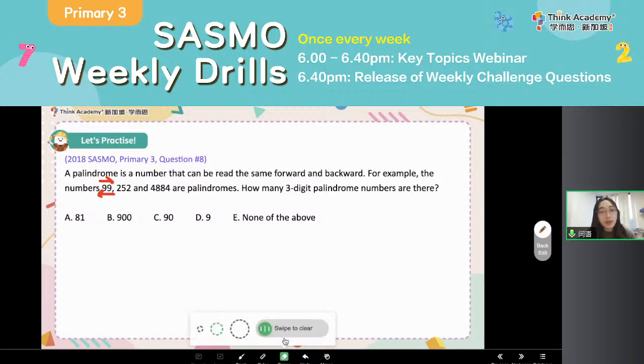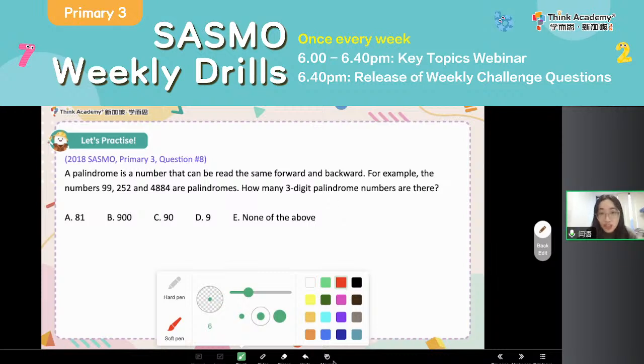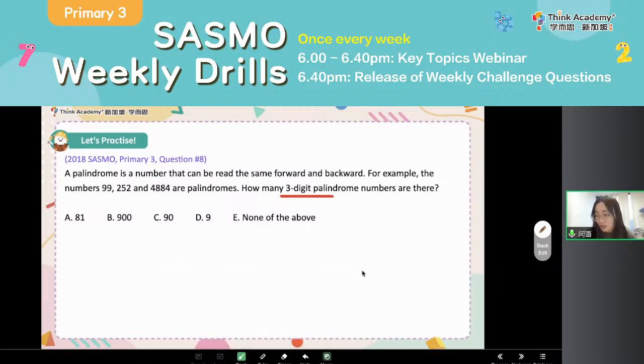Also, for example, the number 252, again, no matter whether you read it from left to right or right to left, that is always 252. Then for the last one, a 4-digit number, 4,884. Also, no matter from which direction you read it, you always get the same number. So the question is, how many 3-digit palindrome numbers are there?